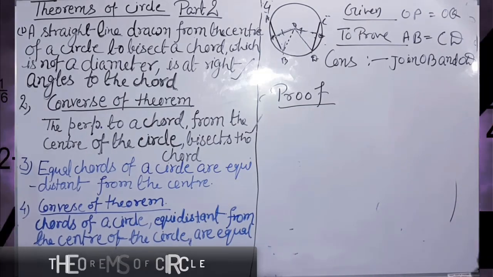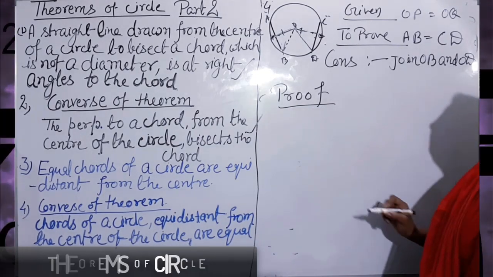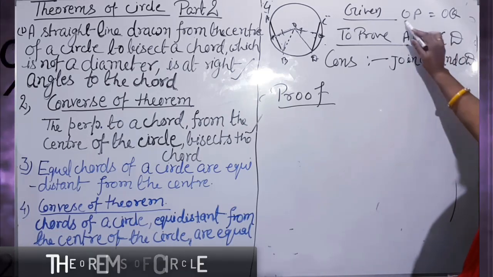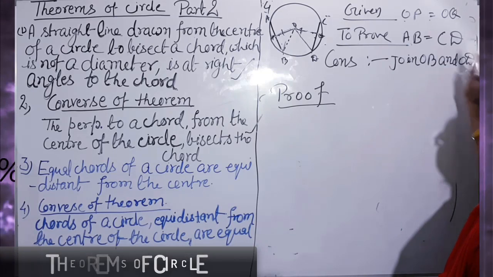Now to prove AB is equal to CD, how will we prove it?